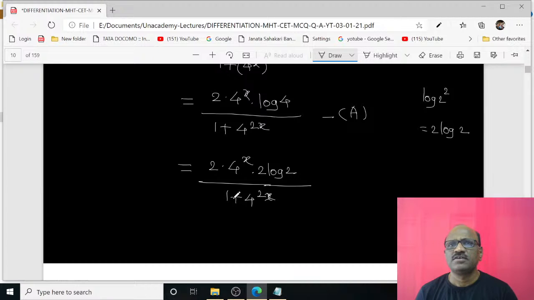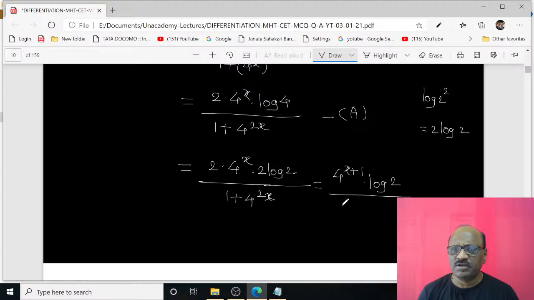Now 2 into 2 will become 4, and then it will become 4 raised to x plus 1 into log of 2 upon 1 plus 4 raised to 2x.